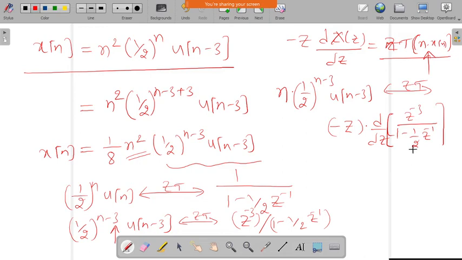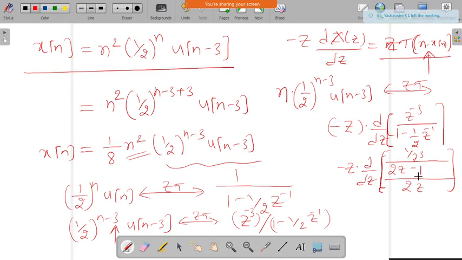For simplification, we will take 1 over z and simplify, then differentiate. So we get minus z into d by dz of, taking LCM 2z, the numerator 2z into 2z minus 1, and the denominator 1 over z cube.